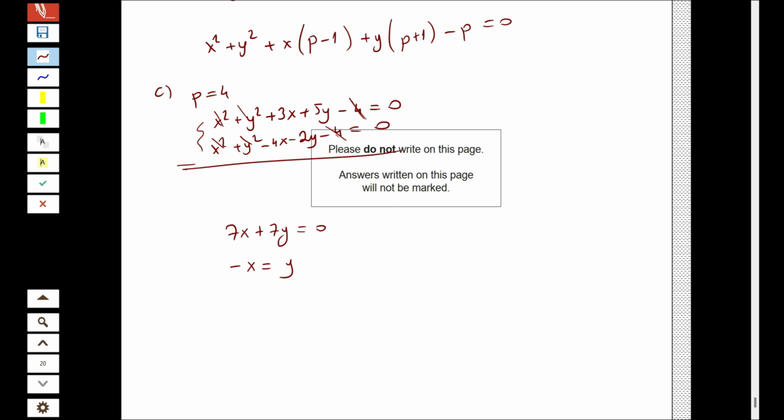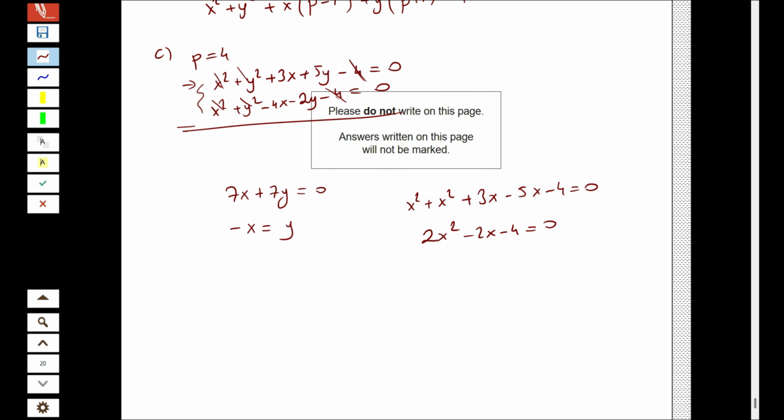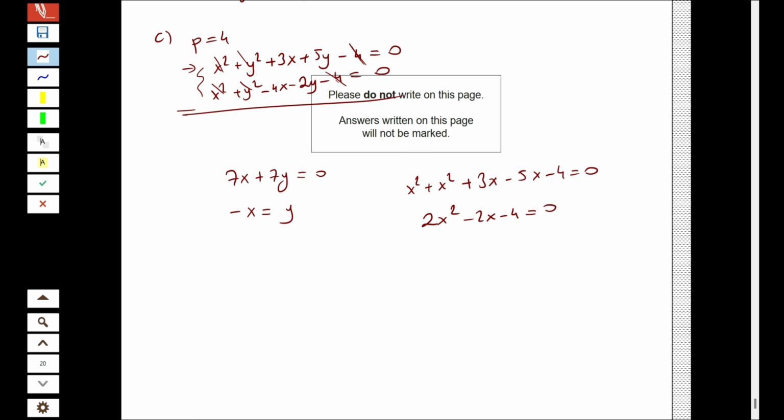So when you replace y with minus x in the first equation, you will find x squared plus x squared, because we replace y with minus x, plus 3x minus 5x minus 4 equals 0, right? From here, you can write 2x squared minus 2x minus 4 equals 0, which means when you divide the equation by 2, you will find x squared minus x minus 2 equals 0.